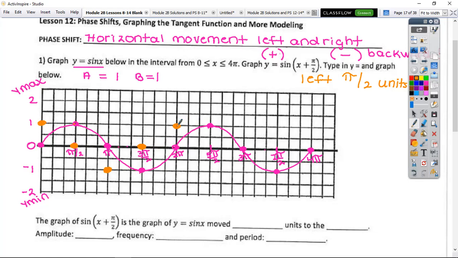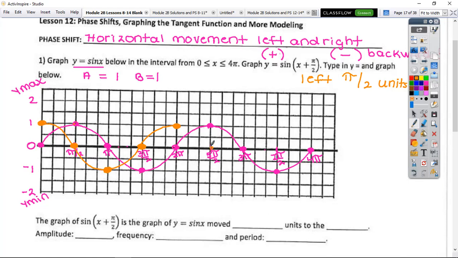What you're going to notice when you connect these is this is a cosine curve. So you can apply different transformations and obtain identities, is what this is called. Okay, so we took a sine curve and we did a phase shift to obtain a cosine. Now I just continue this on the other side.